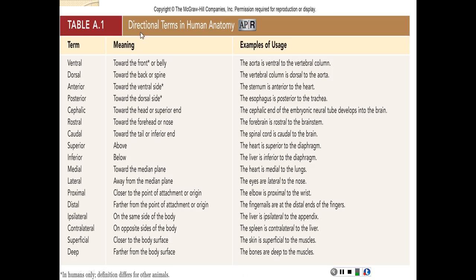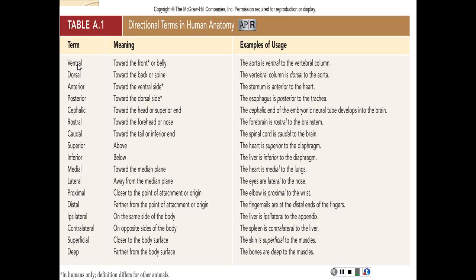Alright, so we have some directional terms. These are very important. When we talk about ventral, we're dealing with towards the front, just the front part of the body. Another word for ventral is anterior, so you'll see anterior and ventral used interchangeably.